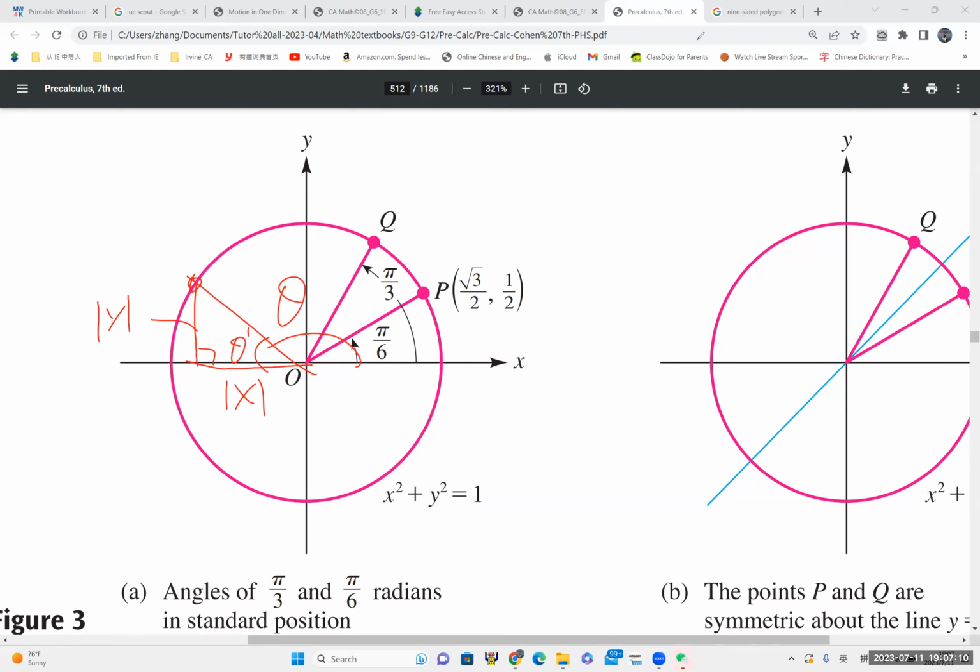The signs of x and y really depend on which quadrant the terminal point is located in. For example, if it's quadrant 2, then y is greater than 0 and x is less than 0. In this way you find the sign, then you can get x and y, then finally get the trigonometric function for angle theta.